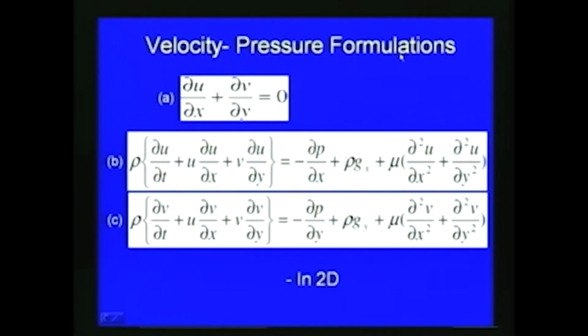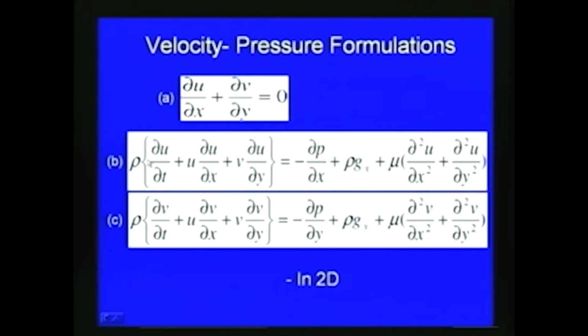The first one is the velocity pressure formulation. Already we have derived the equations. For example, for two dimensional problems, the equations are the continuity equation given by del u by del x plus del v by del y is equal to 0, and then we have two momentum equations, which we have already derived.